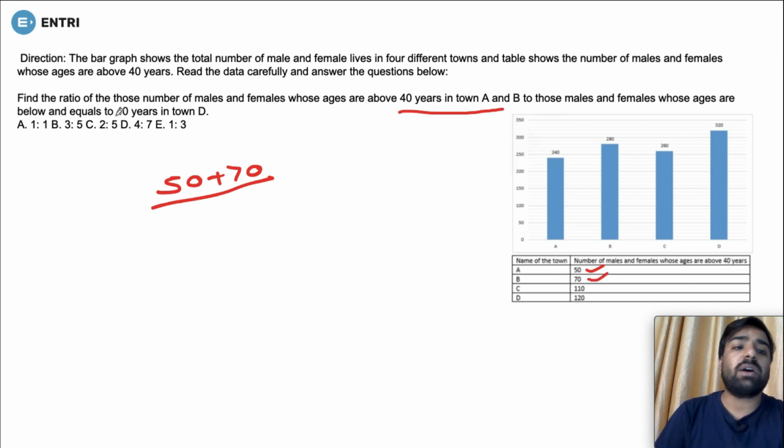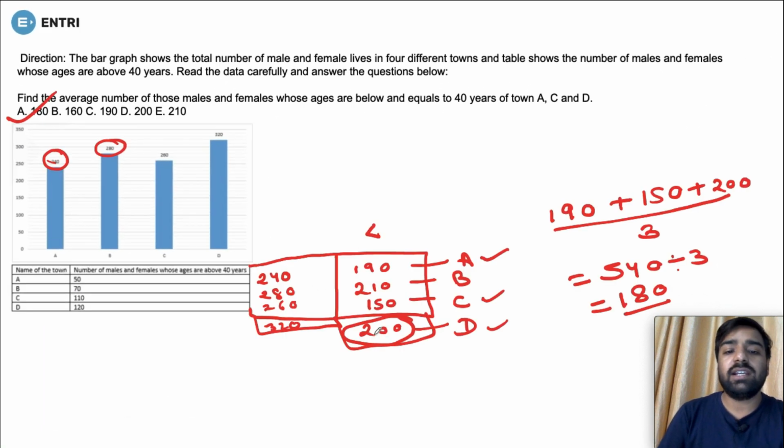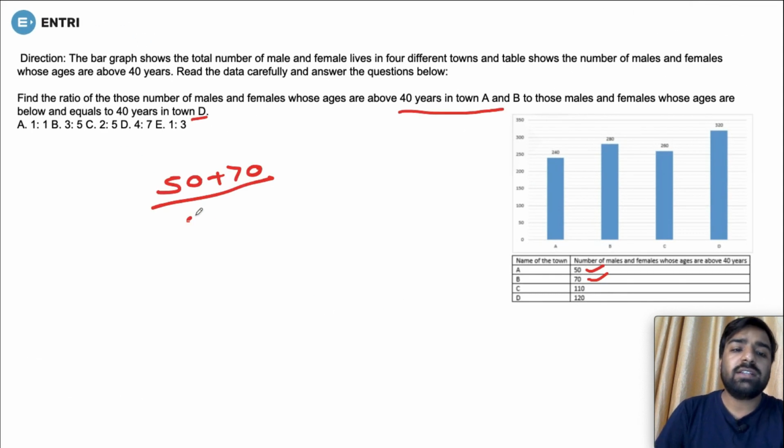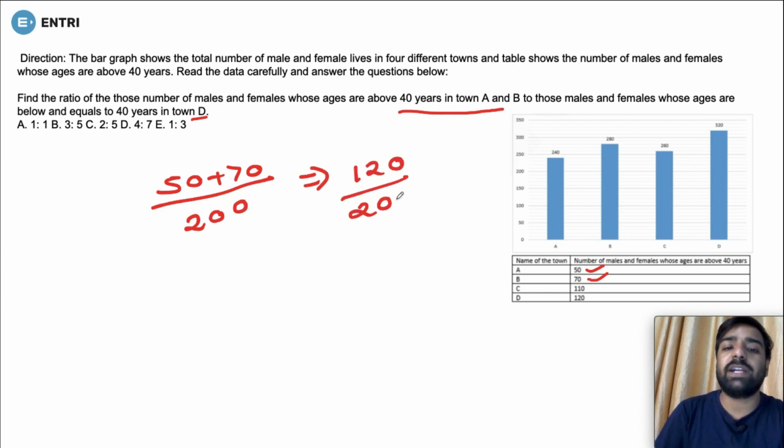And for those whose ages are below or equal to 40 in town D, the number was 200, so we will be dividing by 200. Now 70 and 50 is going to be 120, so 120 divided by 200.